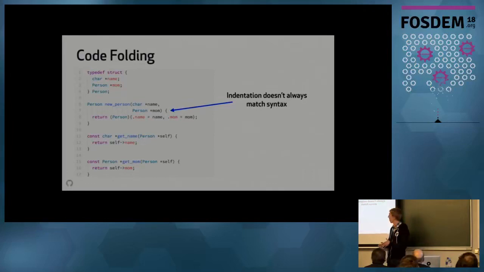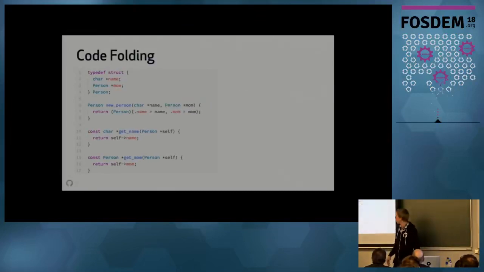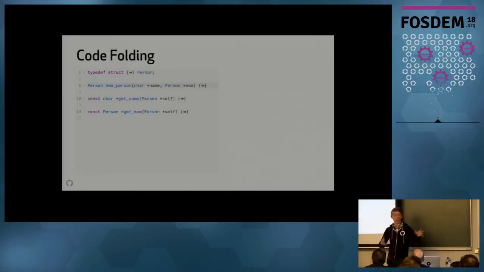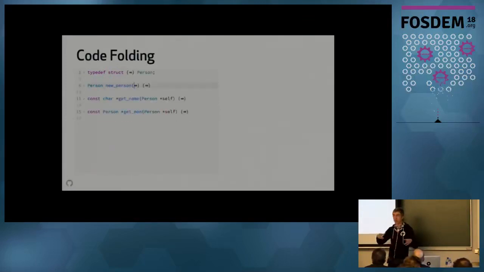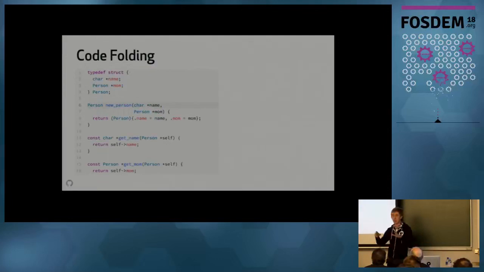So if you have a C function like this, which is very common, where the indentation of the file doesn't match the syntax of the file exactly, code folding doesn't work as you would intend. But now, by re-implementing code folding based on the syntax tree, it works regardless of what you do to the formatting of your file. So if you copy and paste code and its indentation gets messed up, you can still use folding as a guide to the structure of your code.